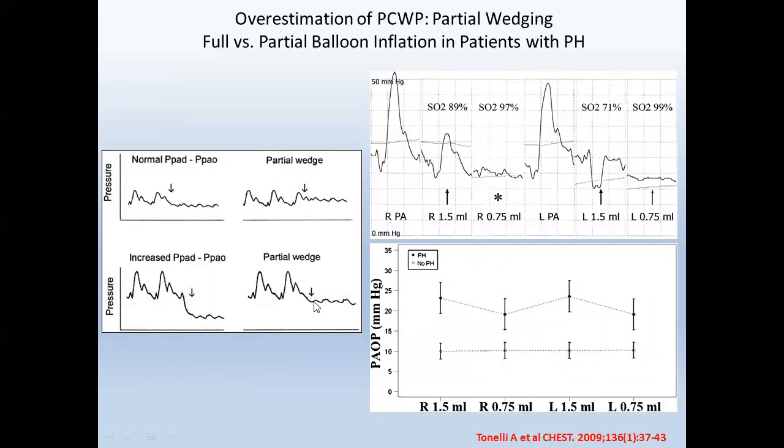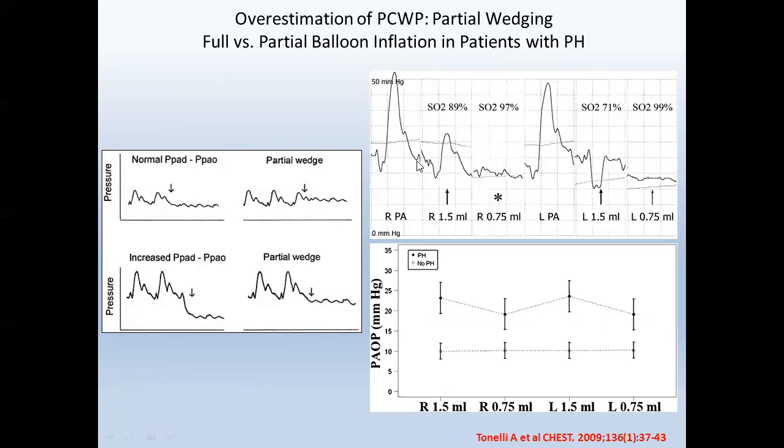Even if you partially occlude, your wedge pressure will be lower than your PA diastolic. So you'll think you're okay, but you're actually not. The gradient you're seeing is only 1 or 2 millimeters, but actually the gradient is more like 10 millimeters.